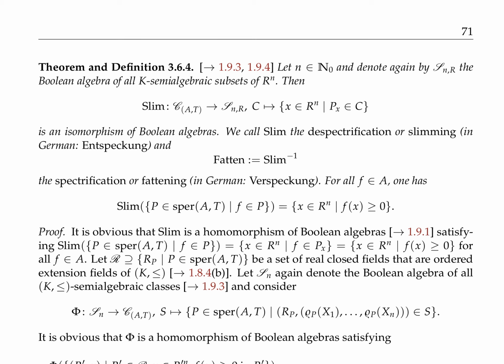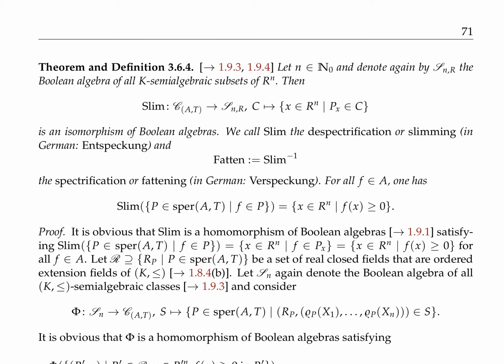If you take the same generators, but now you let them generate a Boolean algebra, then the elements of this Boolean algebra are called the constructible sets. On the other hand, I looked at the K-semialgebraic subsets of R^n, right?